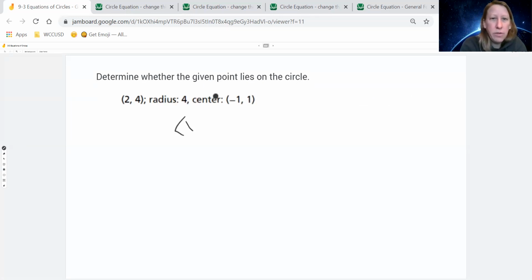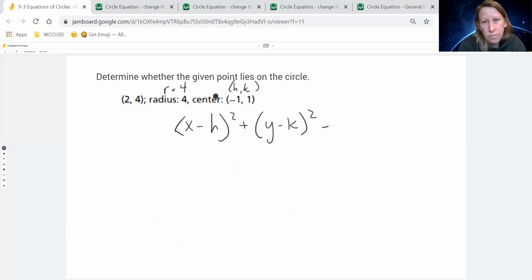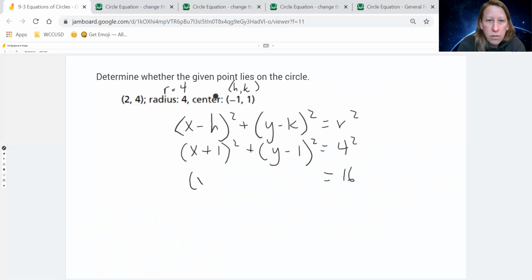So I'm going to use this as h and k, and this as r. Okay, and I'm going to write the equation of the circle. I'm going to do minus -1, and minus -1, and 4 squared. All right, I got my equation of my circle.